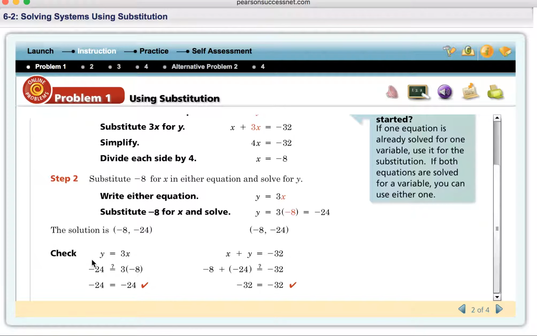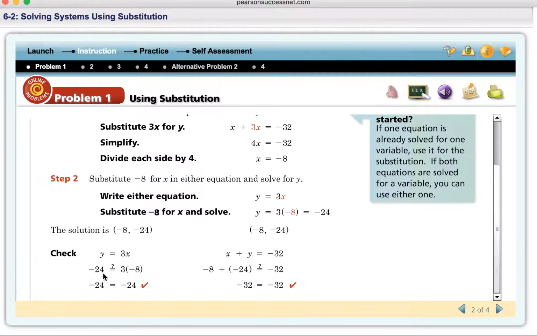We can just double check. Remember, I showed you how to do this once we graphed it and found the point: you can plug those values back in and see if they work in both. If they work in both of them, then you know you've found the solution. So we know that y equals 3x, and y is negative 24 and x is negative 8.